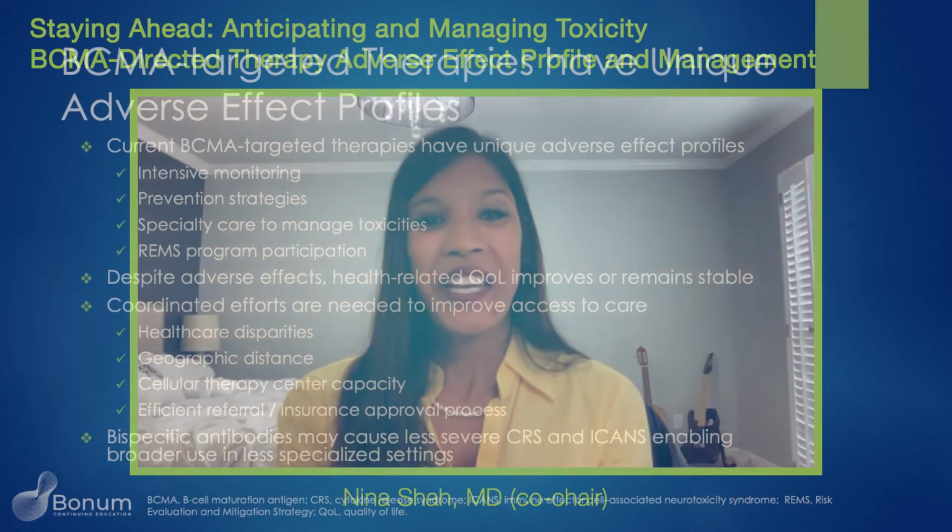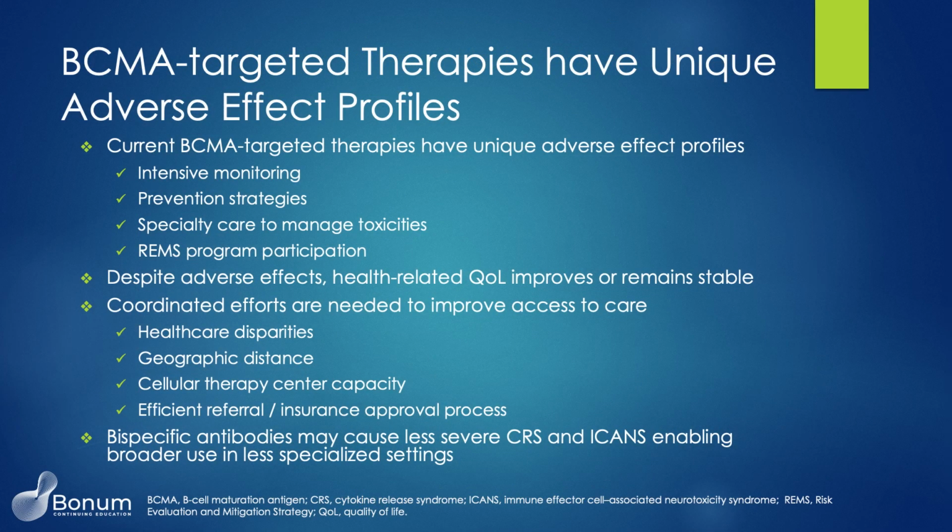Yeah, I agree. So just to summarize, for BCMA targeted therapies, they have unique adverse effect profiles. We know that current BCMA targeted therapies have an adverse effect profile that requires intensive monitoring, prevention strategies, as well as specialty care to manage the toxicities, and a REMS program in place for participation.